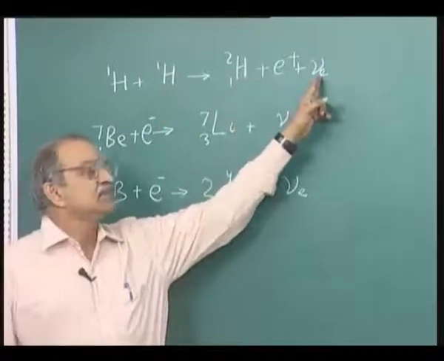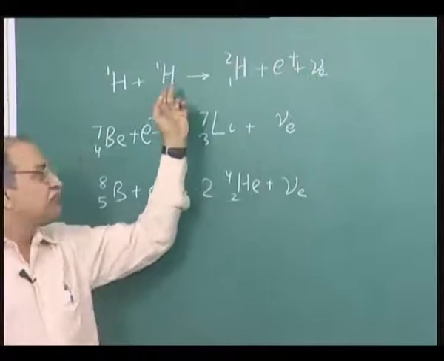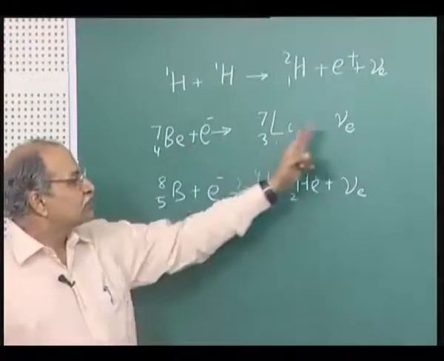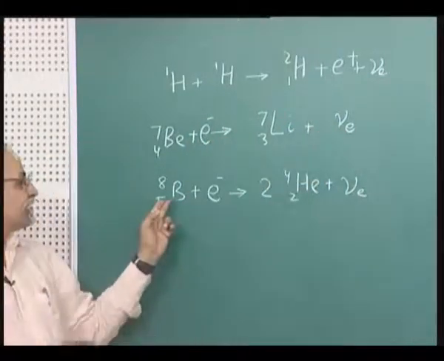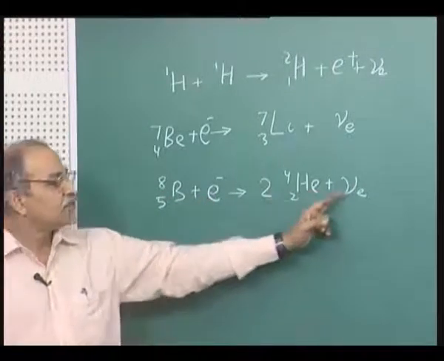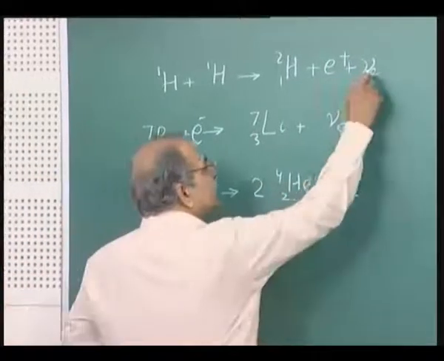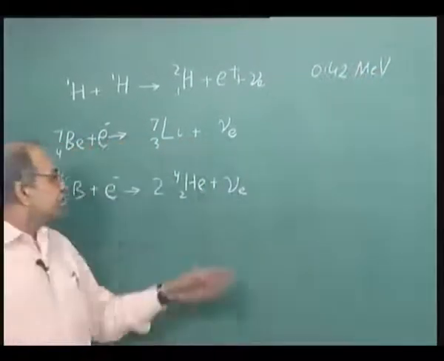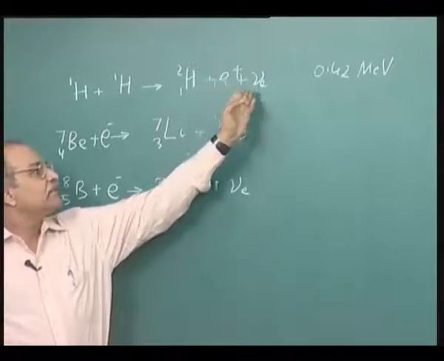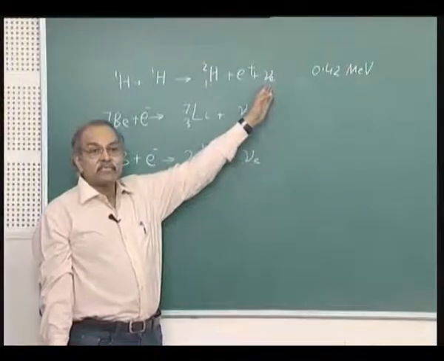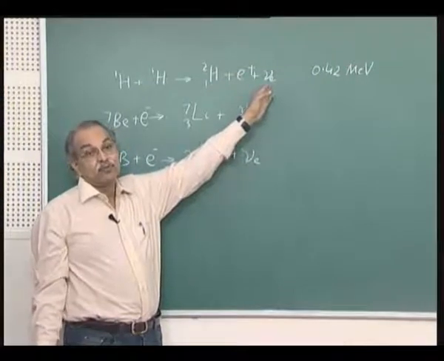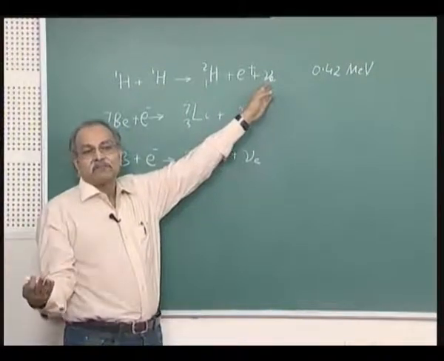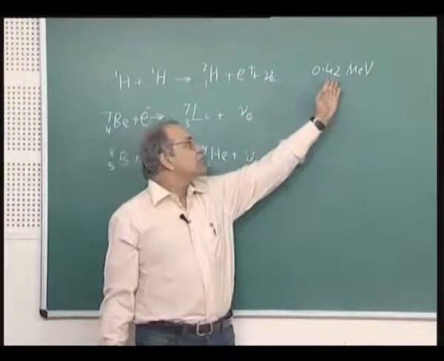In the PP2 chain, 7Be combines with an electron and produces this neutrino, and in PP3 you have 8B, which combines with an electron and produces this nu E. Here the energy is 0.42 MeV, and as it is shared between this positron and this neutrino, the neutrino energy will vary from 0 to 0.42 MeV, a continuous spectrum of energy, and the maximum will be 0.42 MeV.